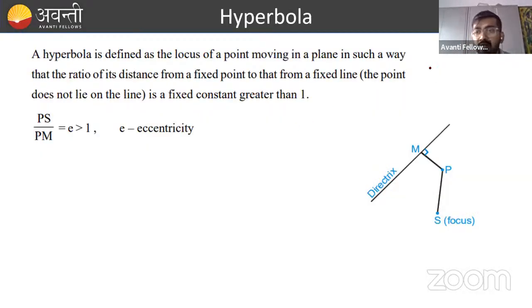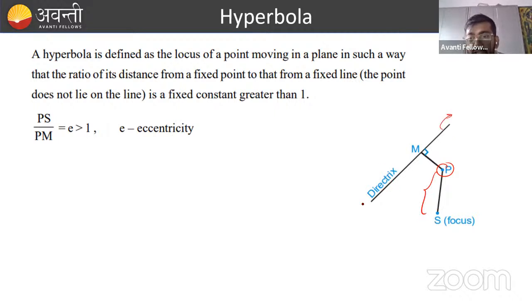So let's try to understand the definition of hyperbola. Like we know, every conic section is defined in terms of the locus of a point, like the distance of the point from a fixed point and a fixed line.